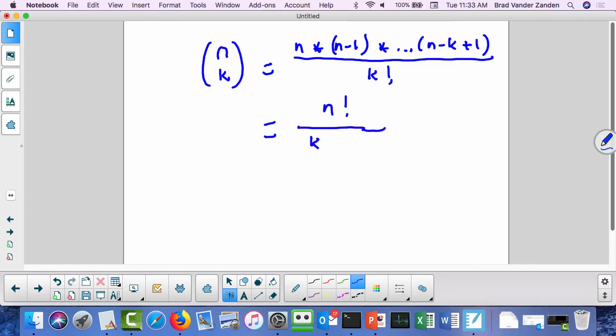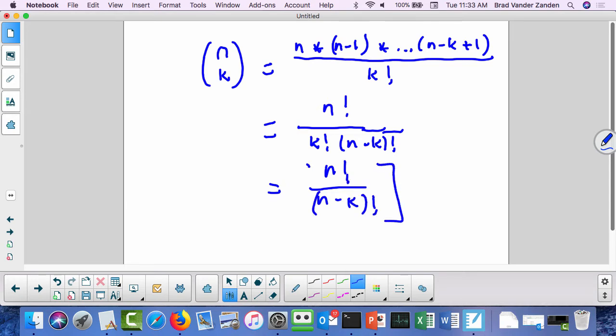So this is really n factorial over n minus k factorial, divided by k factorial. So this and the numerator right here are the same thing.